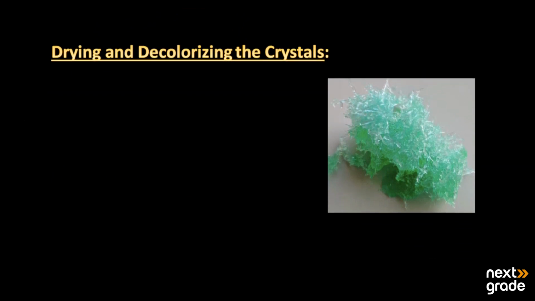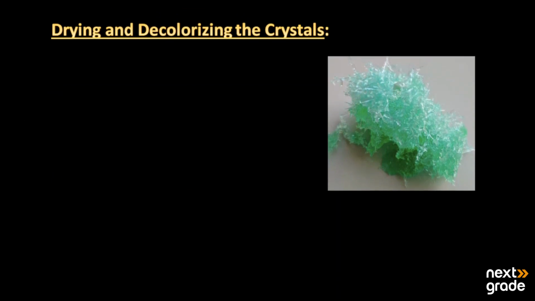So the next process we have is the drying and decolorizing of the crystals after the process of cooling. The hot filtered solution is then cooled at a moderate temperature. After the cooling of the crystals, the next step is collecting the crystals and drying them.